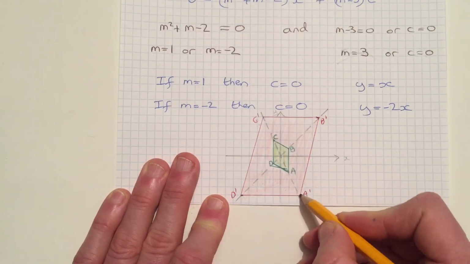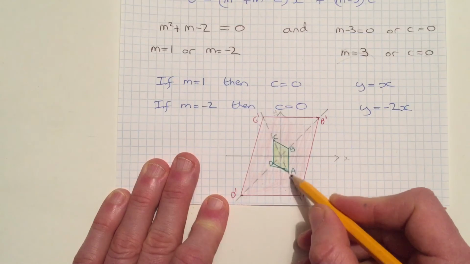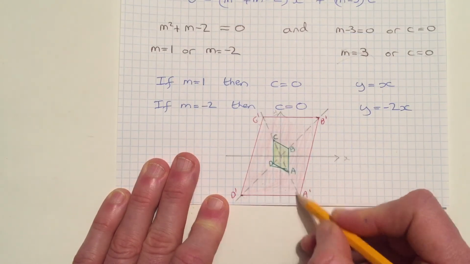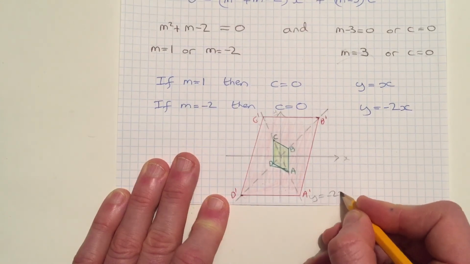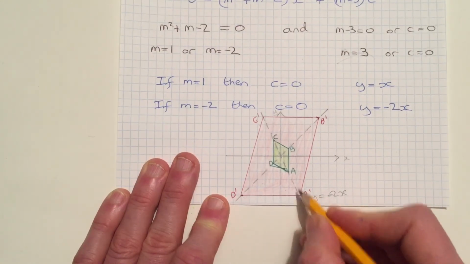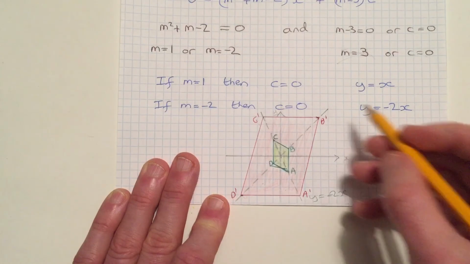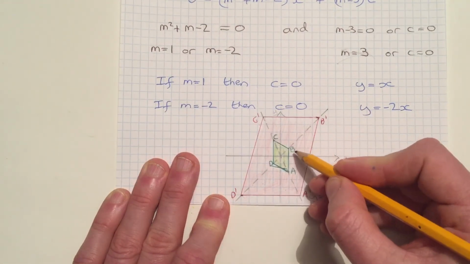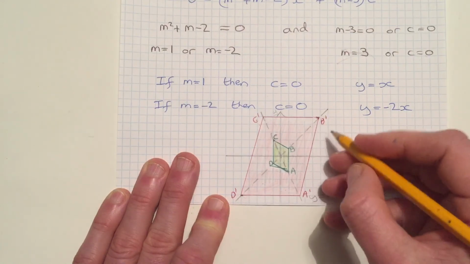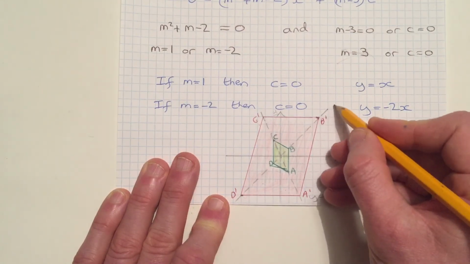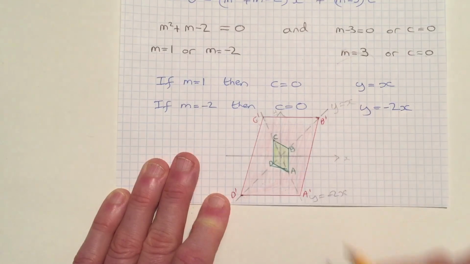They are not invariant points, but they are still on the same line. A has been transformed to A dash, and that is still on the same line. This dashed line here is the line y equals minus 2x. And similarly, B is not invariant. It's moved, but it has moved to another point on that line. It's moved over here, that line being y equals x.